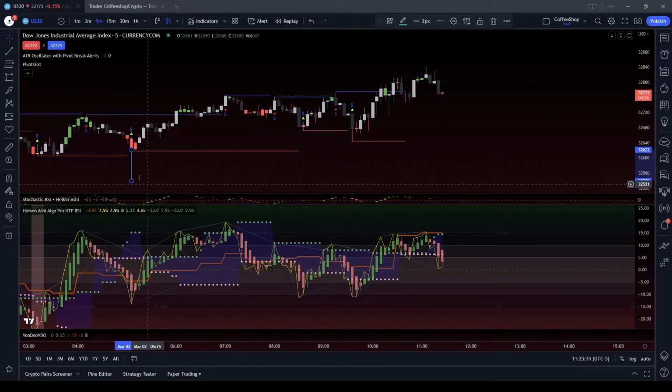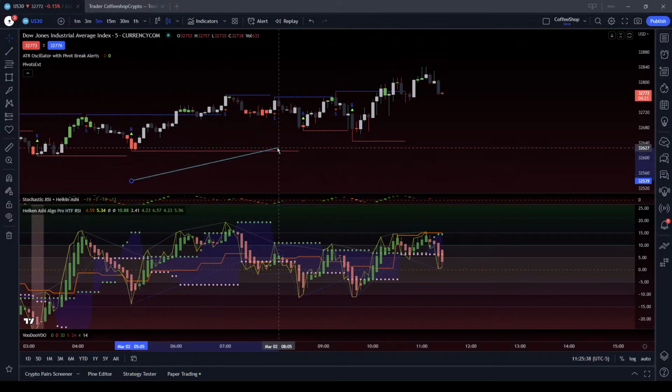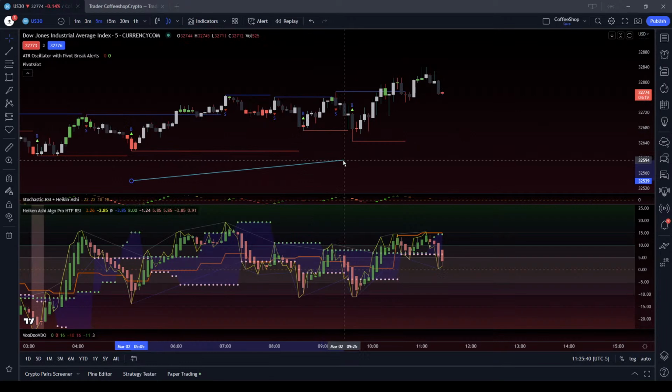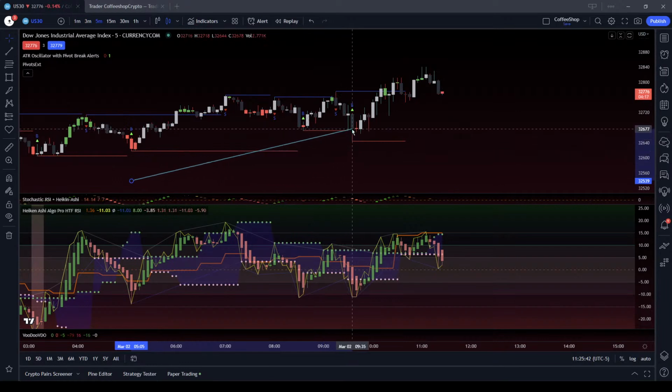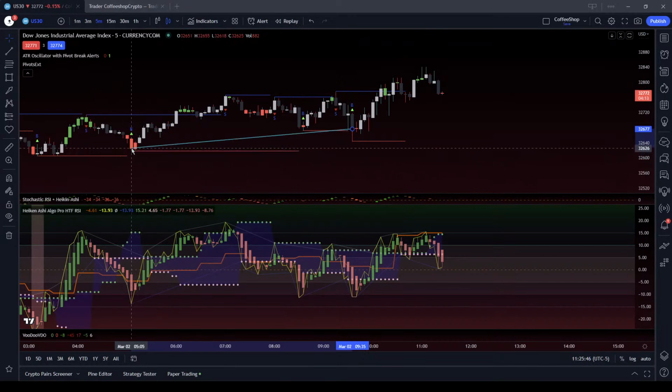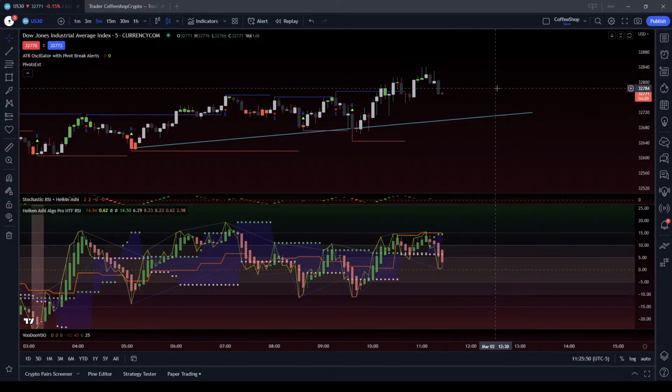It's looking at the points where there's an excessive amount of volume being bought up by larger institutions. And it's really just watching that. There we go.